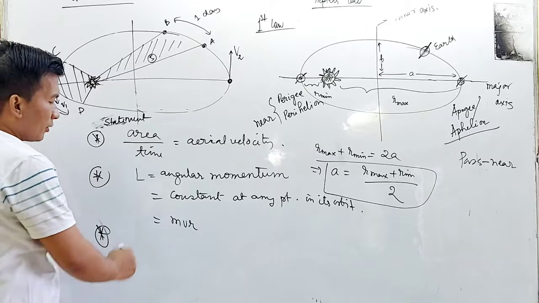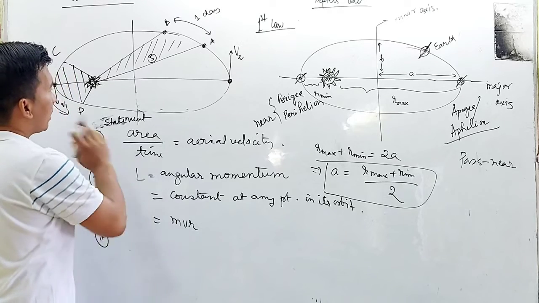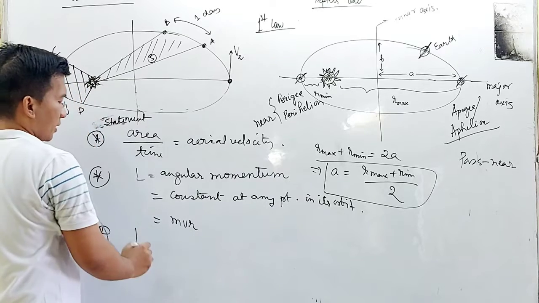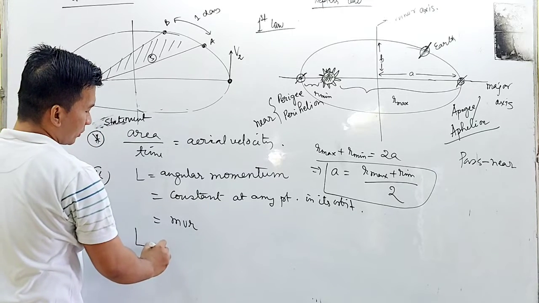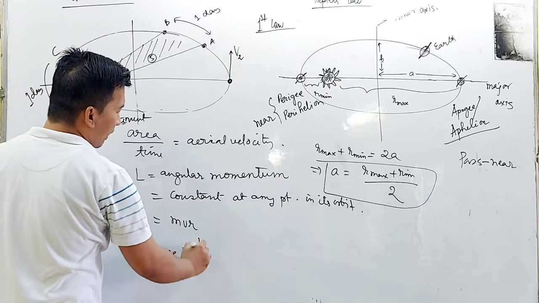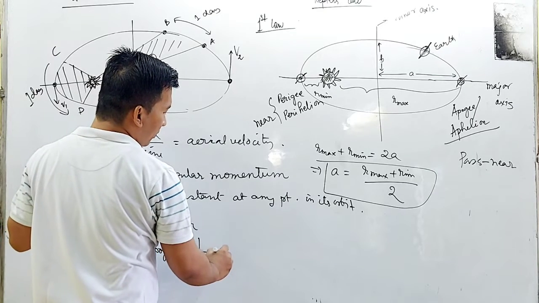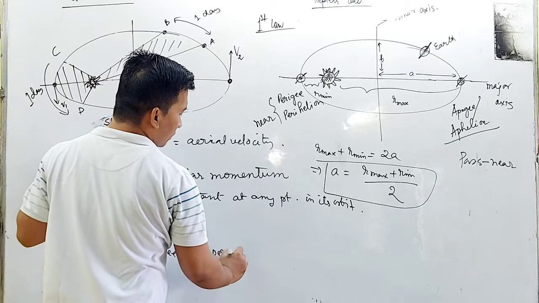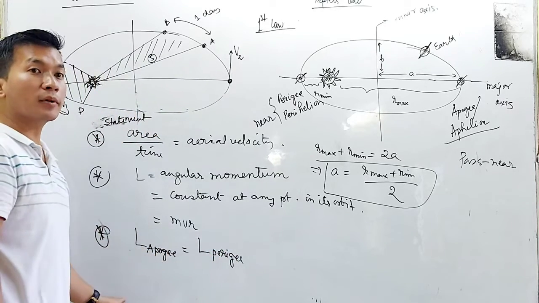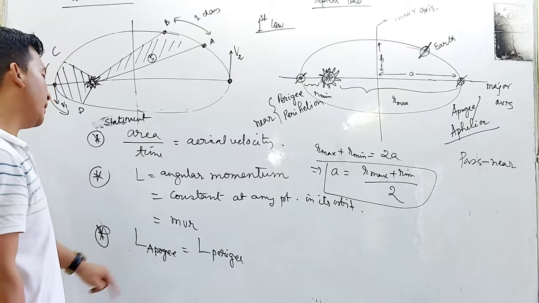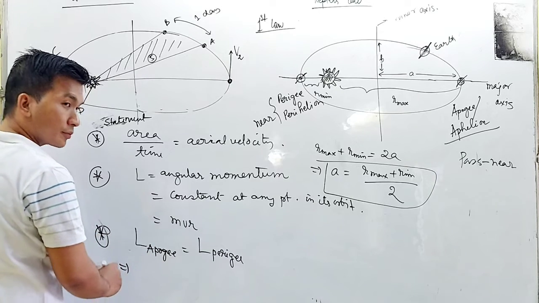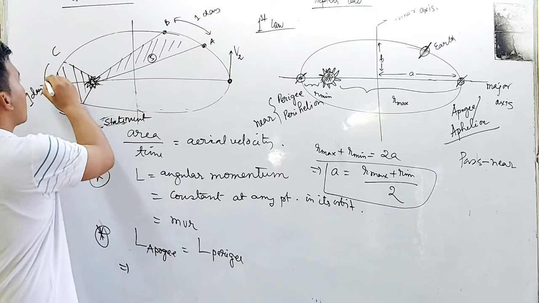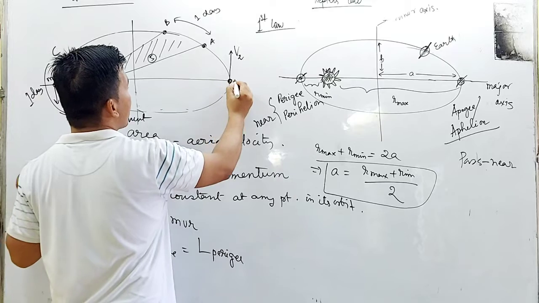Very simple. What is the angular momentum at apogee? This is equal to the angular momentum at perigee. Apogee, perigee. Understood? How will you write this? The mass of the planet we consider to be m, and here it is also m.